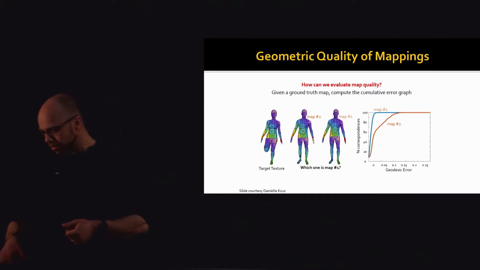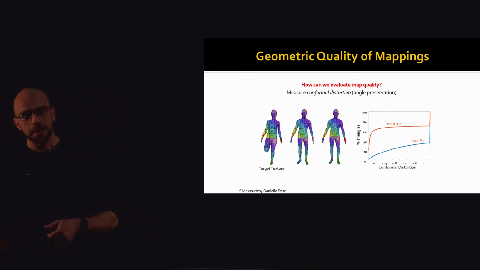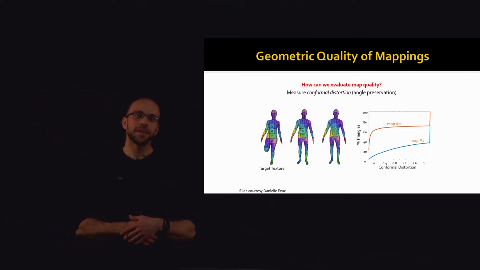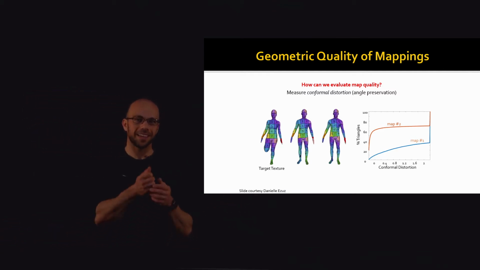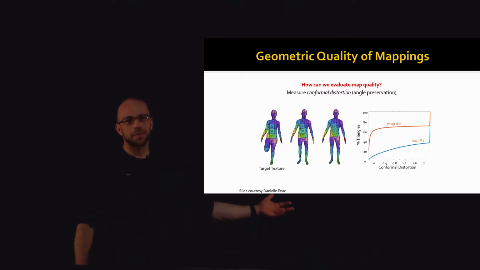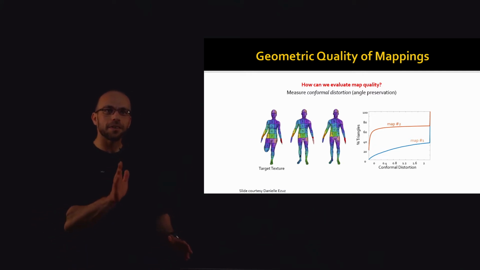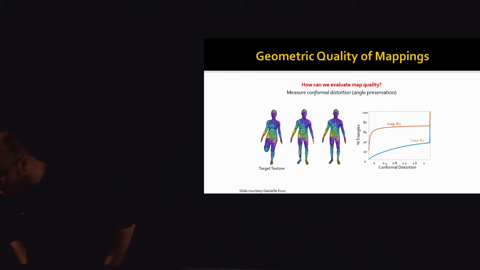Of course, as a point of contrast, one thing we could do might be to make a different plot. So here this is conformal distortion. Conformal distortion is basically how much do angles get preserved in your mapping from one surface to another. And now maybe we label these two plots, map number 1, map number 2. So again, what is this plot saying? This is saying that, notice that, let's see, I can't read this slide from here. I need new glasses.